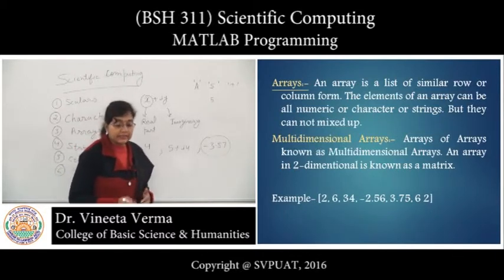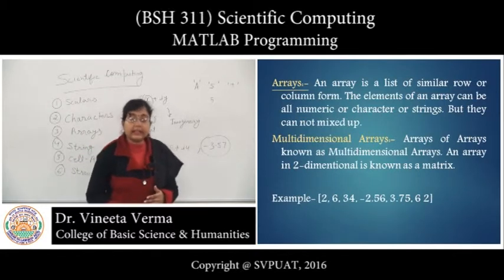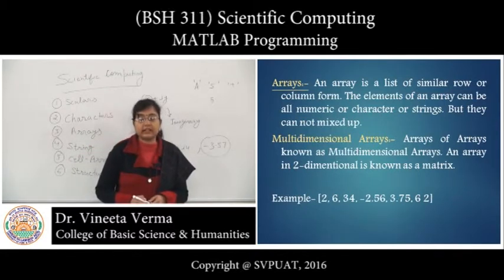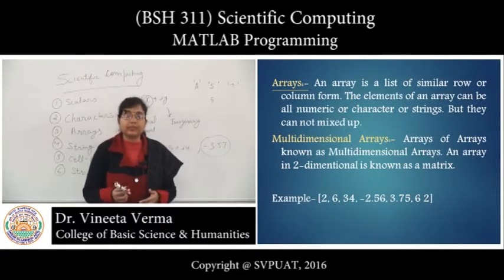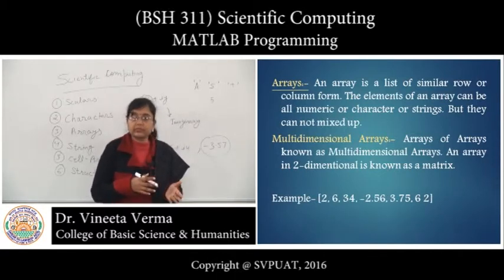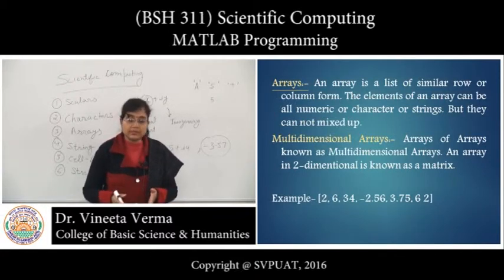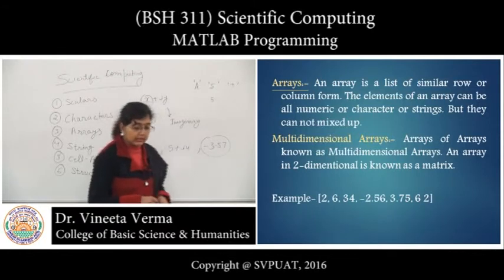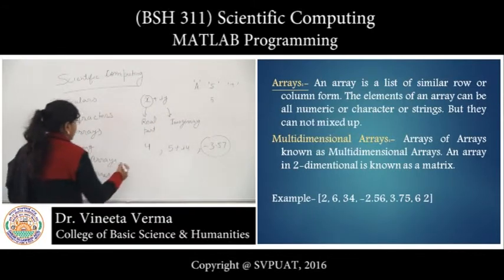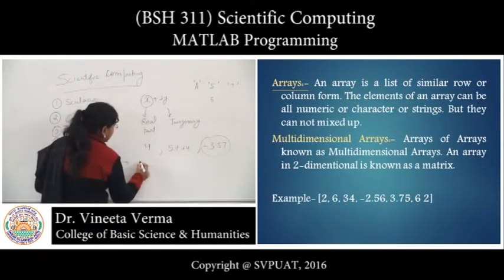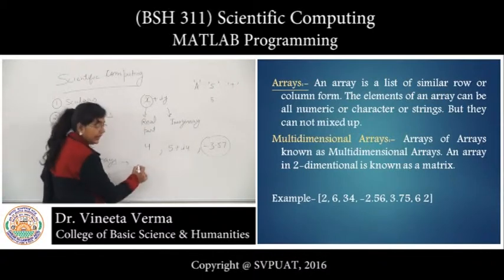If this is two-dimensional, then it is known as a matrix. We are all familiar with matrix, which is a combination of rows and columns. And see the example. We can define an array.